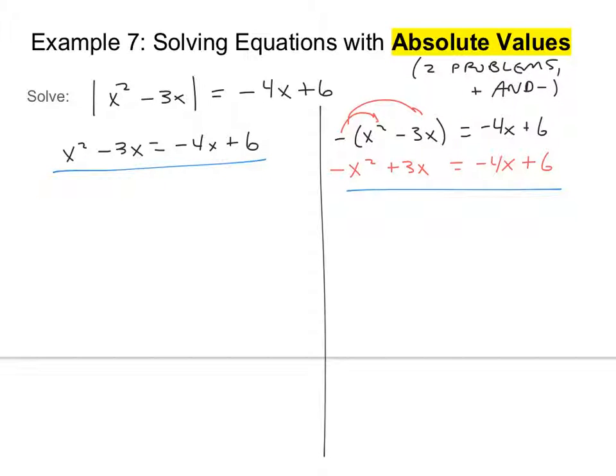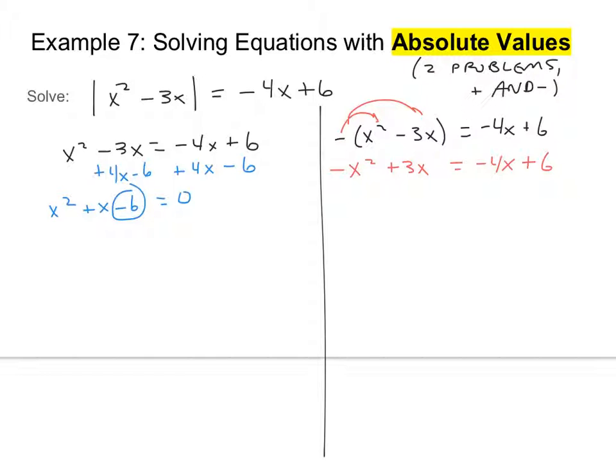I need to get everything over to one side because I'm going to set things equal to 0. Add 4x, subtract 6. Add 4x, subtract 6. x squared plus x minus 6 equals 0. When I have that, I can factor it into two things that multiply together to get minus 6, but add together to get my coefficient of 1 here.